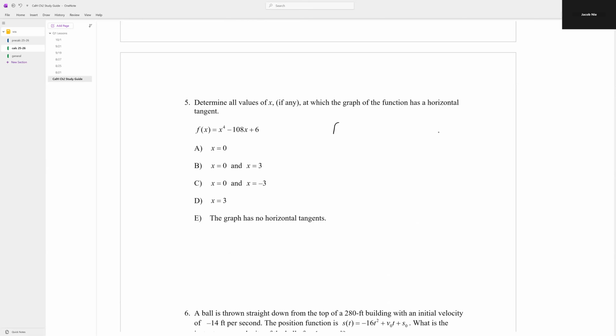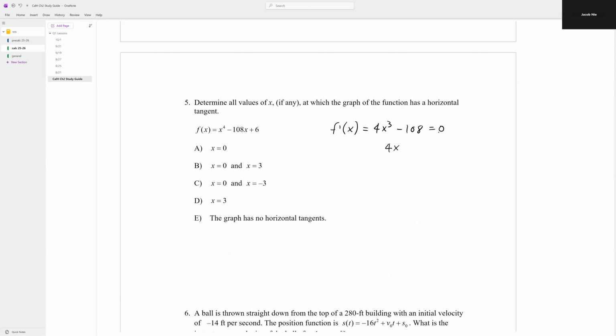And so I can calculate the derivative using power rule. And that's going to give me 4 times x to the third minus 108. And the 6, the derivative of that is 0. Okay? And so I'm simply looking for the values of x such that this derivative is equal to 0.